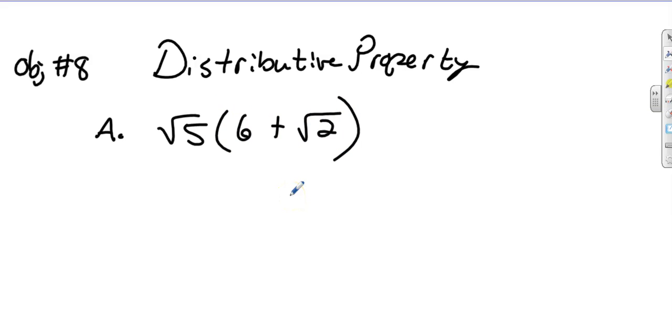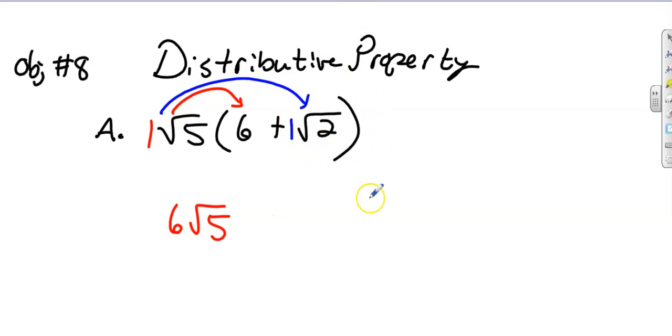Okay, so if you have one like this, it may be the square root of 5 times 6 plus the square root of 2. Just remember that in front you have a 1, so it's 1 square root of 5 times 6, so 1 times 6 makes that 6 square root of 5. On the second one, when you multiply here, again, you have to understand there's a 1 here, so it's 1 times 1, which is 1, which we don't need.